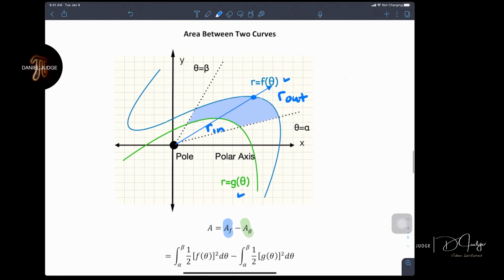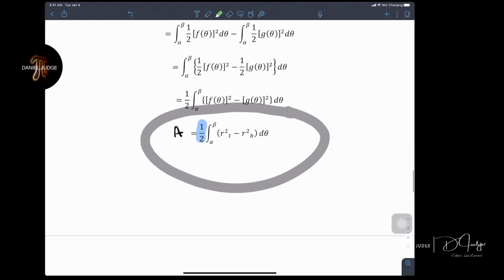And that's what we're trying to find. We have to get this r outside. This is the outside curve in blue. The inside polar curve represented by r, blue and green there. R outside, R inside. And we're going to use this formula: R outside squared minus R inside squared, and you have that factor of 1/2.